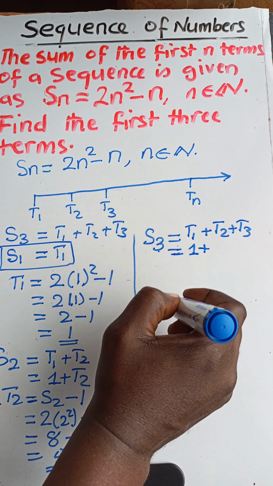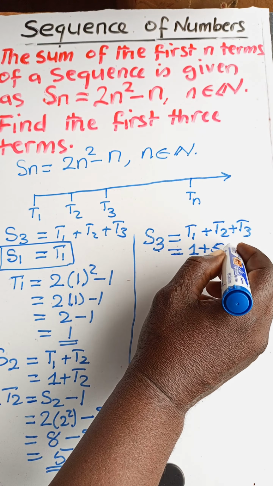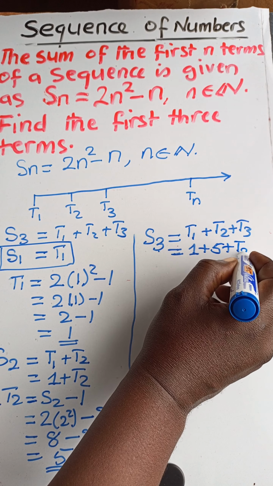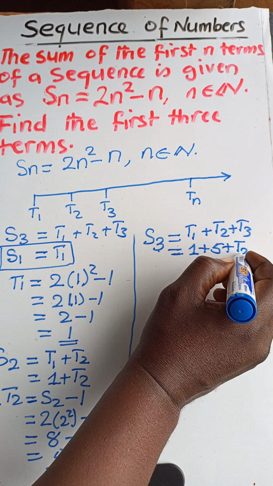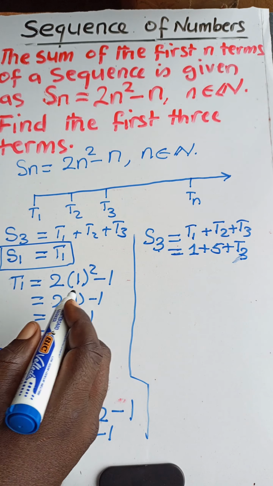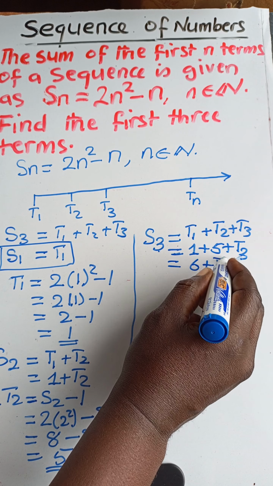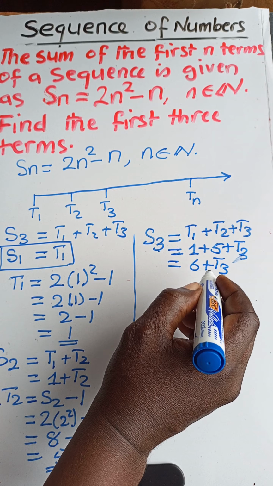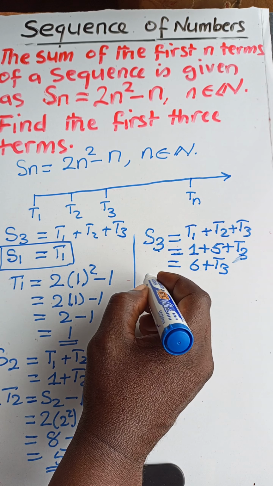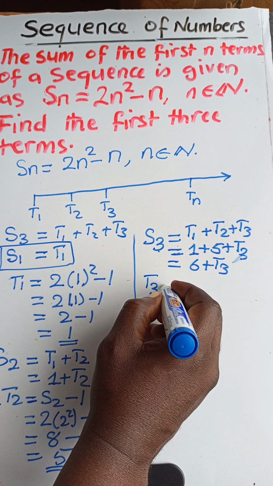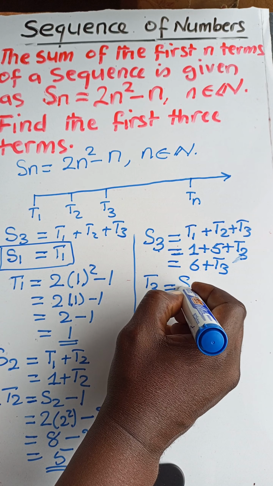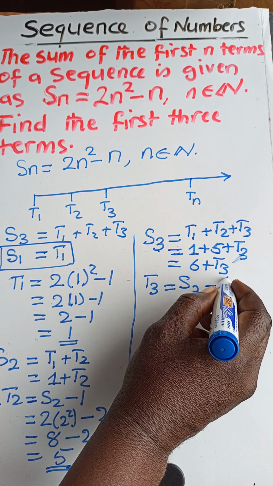We already know T2 as 5. And we will now be able to calculate T3. So this is equal to 6 plus T3. Therefore, what is T3? We'll carry 6 this way. So T3 will be equal to S3 minus 6.